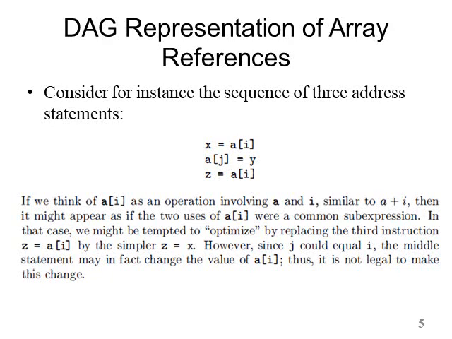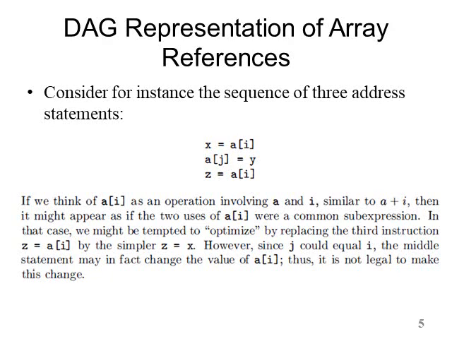I hope everyone understands. But consider a situation where the value of i is equal to j. That means a[j] equals y, the second statement, changes the value of a[i]. As I said, j equals i means j has the same value as i.